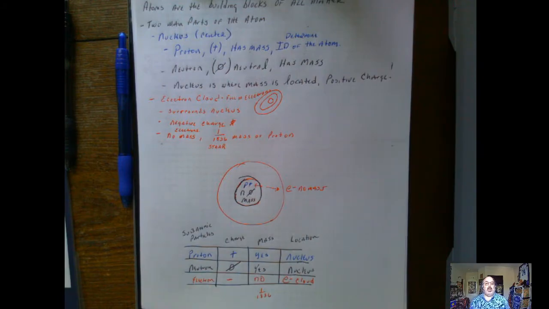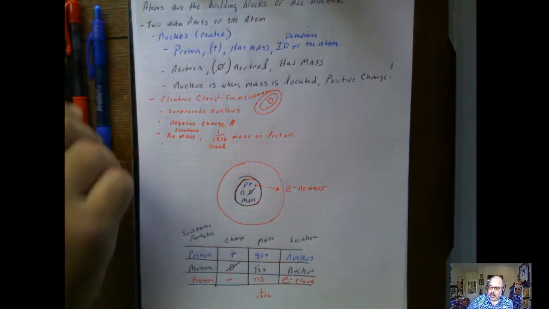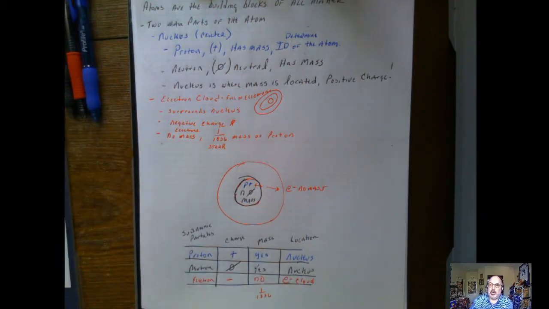Okay, so this is the I do part of it. You've been involved. There's not going to be very many opportunities where you're just sitting there twiddling your thumbs and I'm up lecturing. If I'm talking about stuff, we're doing it together and you're writing it down. So this is kind of the first two parts.